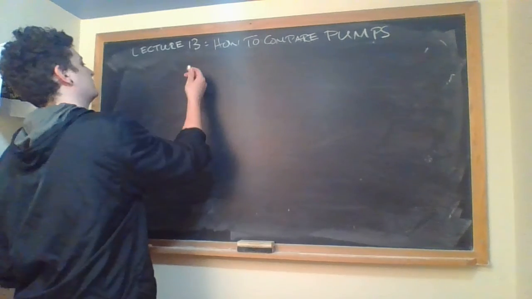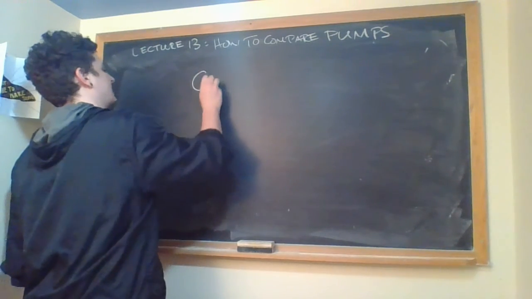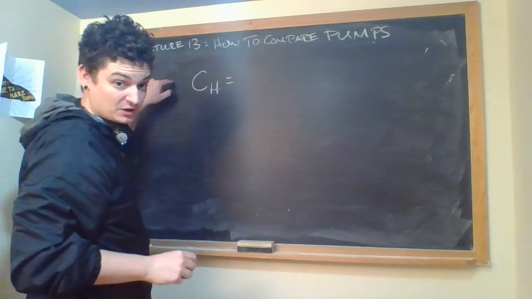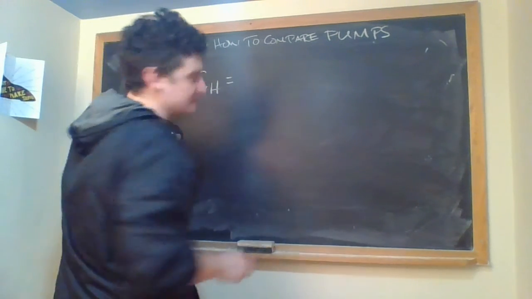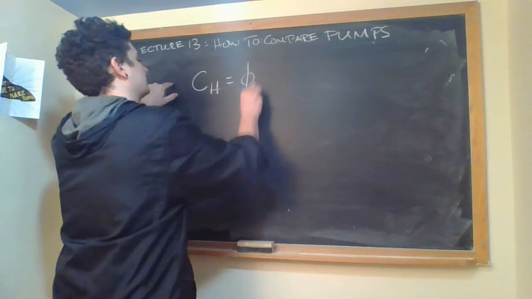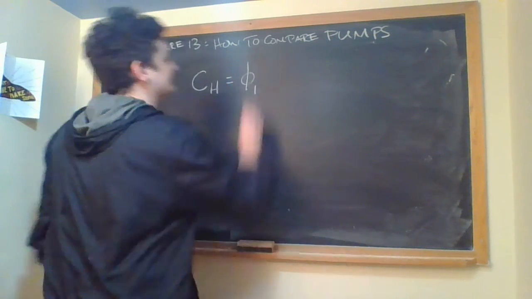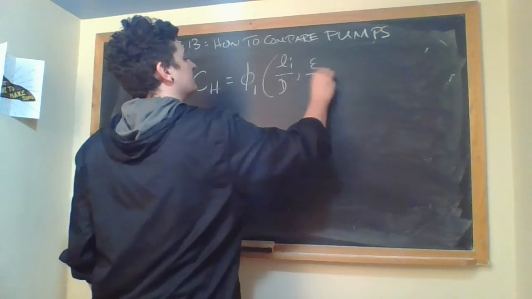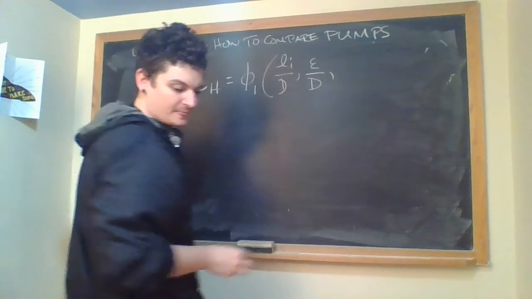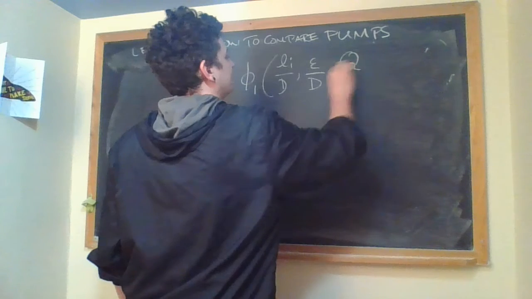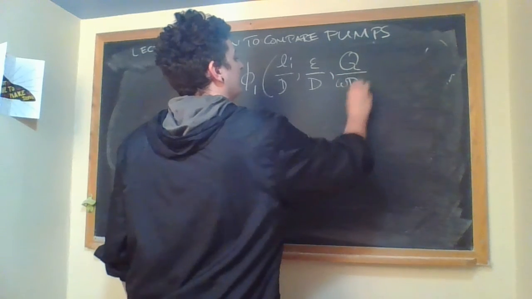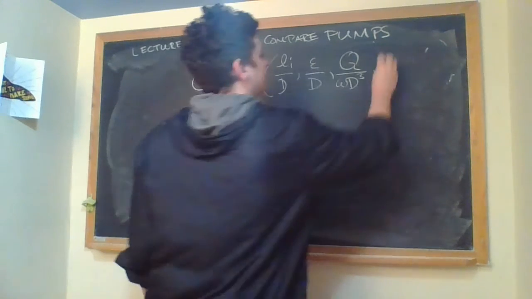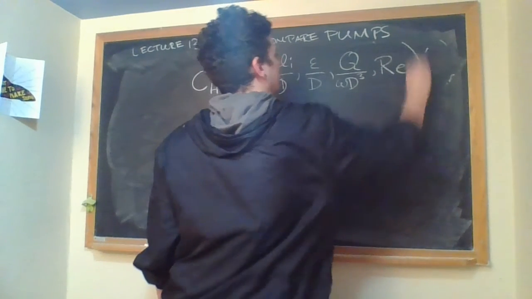The way we talk about this in pumps is we have a CH, right? It's a non-dimensional term. It's called the head rise coefficient. That is equal to, let's call them phi, these non-dimensional functions, of L over d, because now I'm taking all the independents and looking only at the non-dimensional terms. And then I have a Reynolds number here as well.